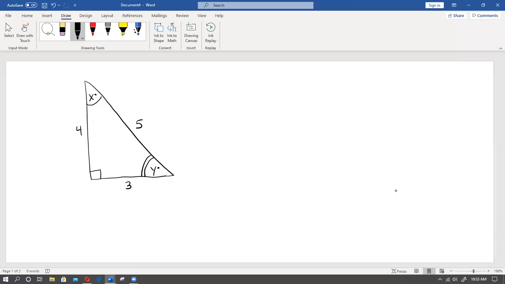Okay, so continuing the trig functions from yesterday, as you can see, I drew a right triangle. You can see the right angle here. One angle is a right angle.